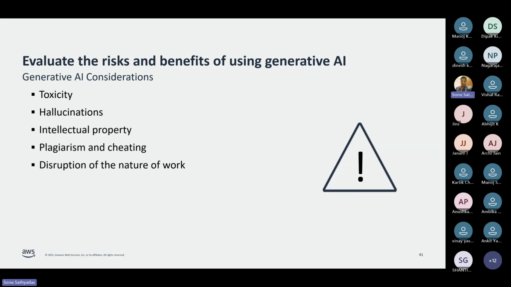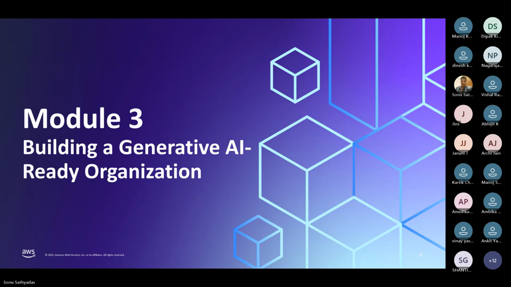In that scenario, the nature of the work will be interrupted, or it will be changed. So how is it going to be handled? Because the typical flow of execution is now changed and some of the processes are now automated. So we have to evaluate that while implementing generative AI solutions in our applications.